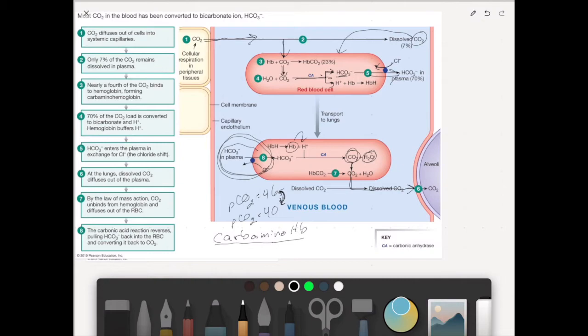Now the enzyme right here is carbonic anhydrase.